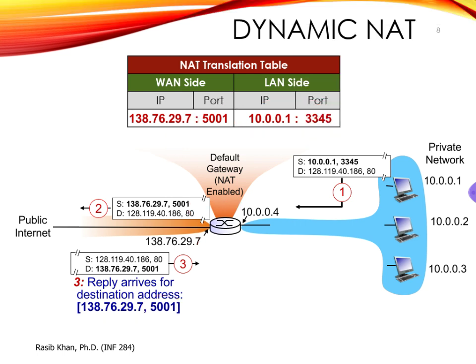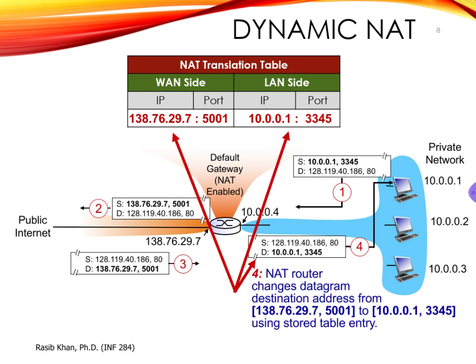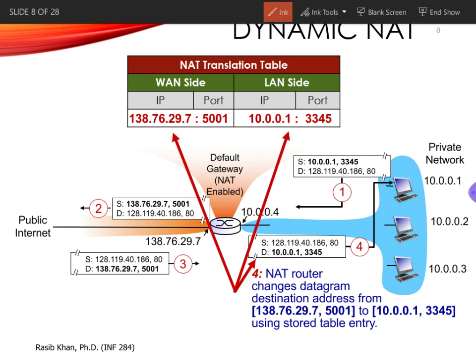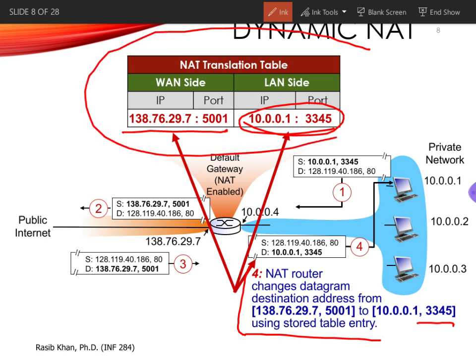So what it'll do is change the destination address of this packet from 138.76.29.7 and port 5001 to the LAN side IP address and port, which is 10.0.0.1 and port 3345. And it is able to do this translation based on the record that it has already saved in the NAT translation table.